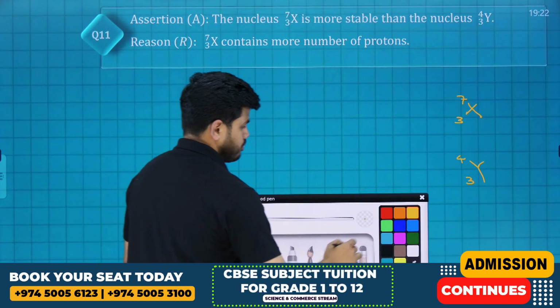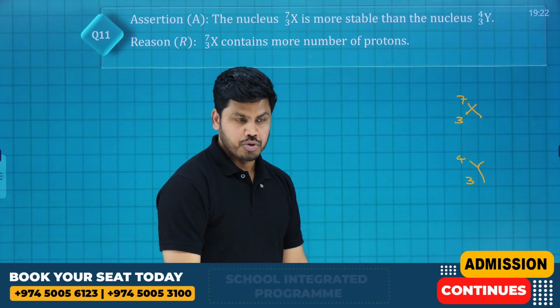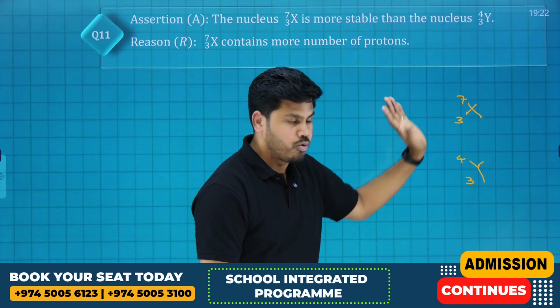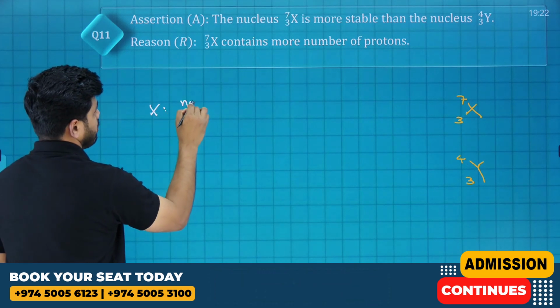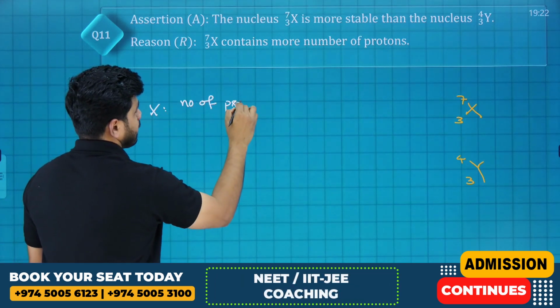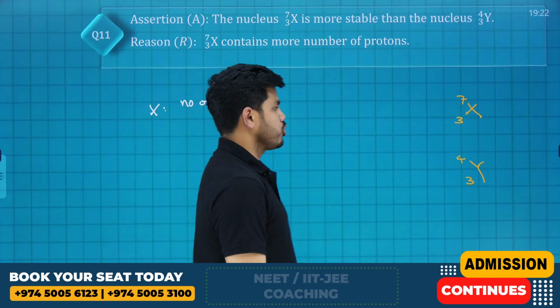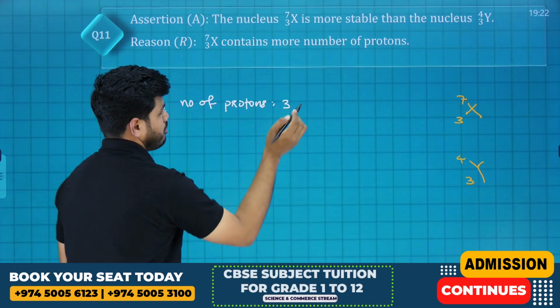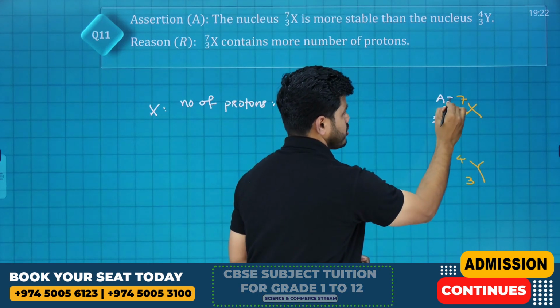And we know we have to consider the neutron-proton ratio. If it is more, that will be more stable. So here, go for X. In X, what is the number of protons available? The number of protons is 3, right? Because that is the atomic number. Z is equal to 3, and this is A, the mass number.